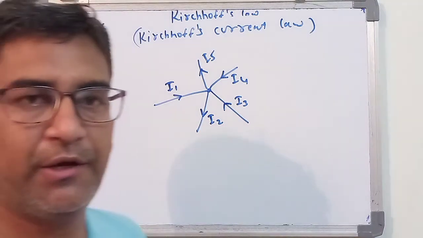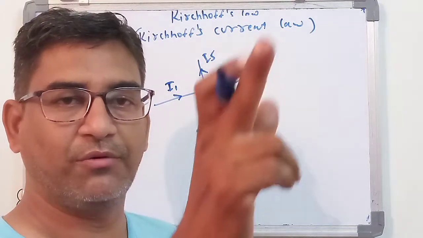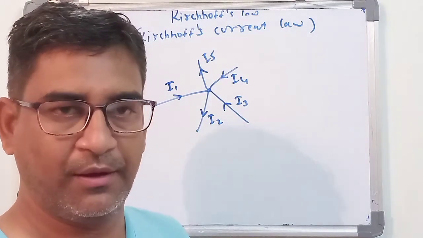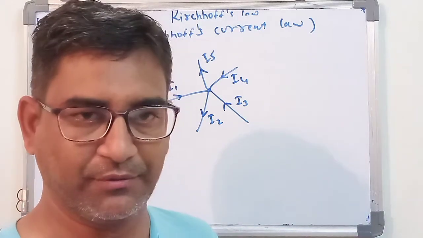So at one particular node, there are different currents coming towards the node and going outside the node. From this, you are able to identify the definition.